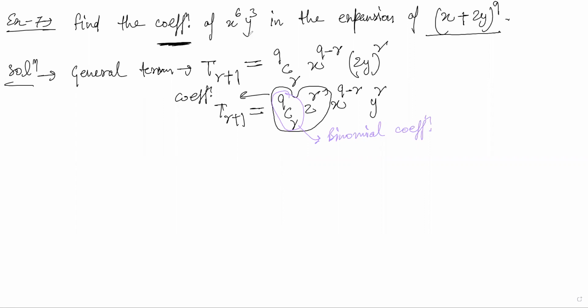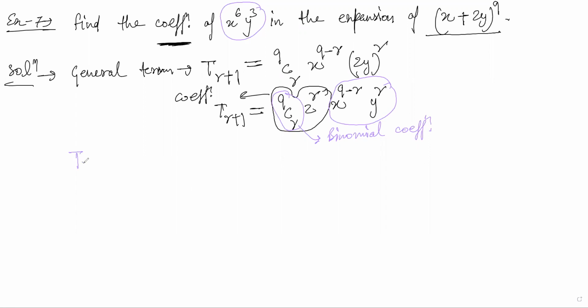Okay, now let's find out what we need. He wants us to find x to the power 6 into y cube, right? So we need to find r such that this becomes x to the power 6 into y cube.